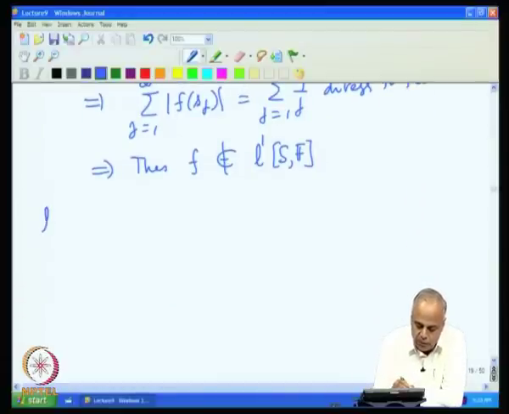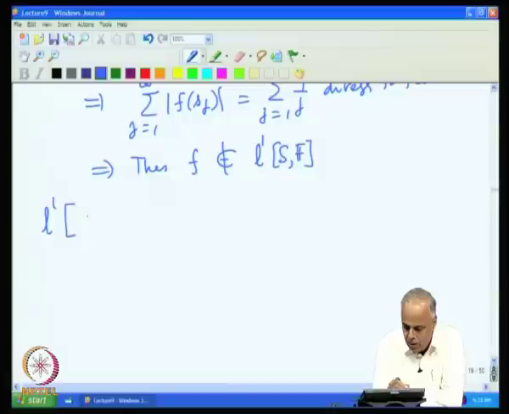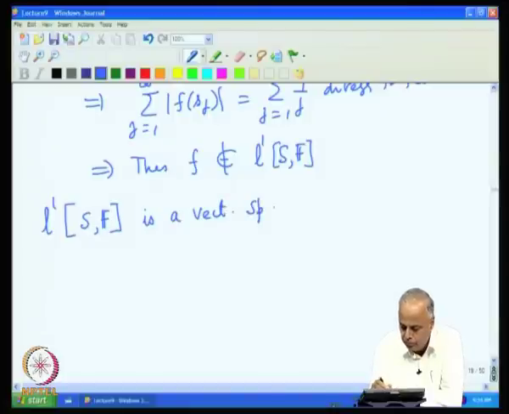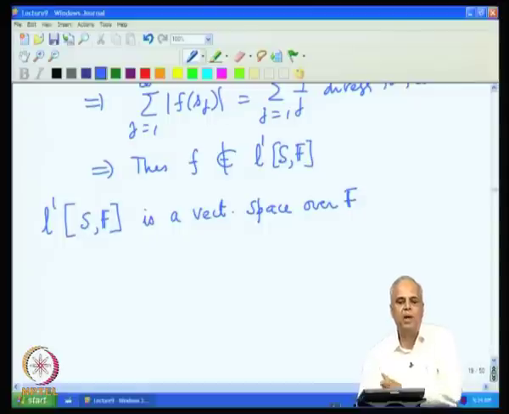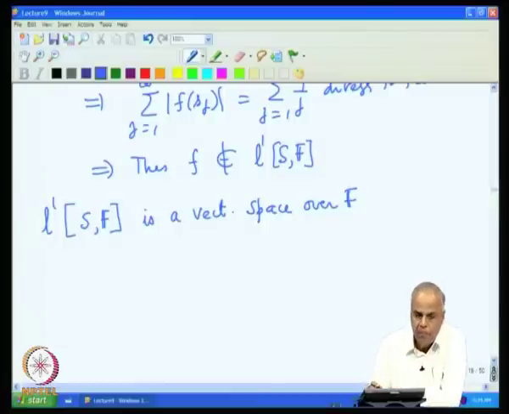With this notation, L 1 S F we can verify is a vector space over F. So, the set of all real valued functions on S for which the sum is finite is a vector space over R. The set of all complex valued functions for which this sum is finite is a vector space over the field of complex numbers.